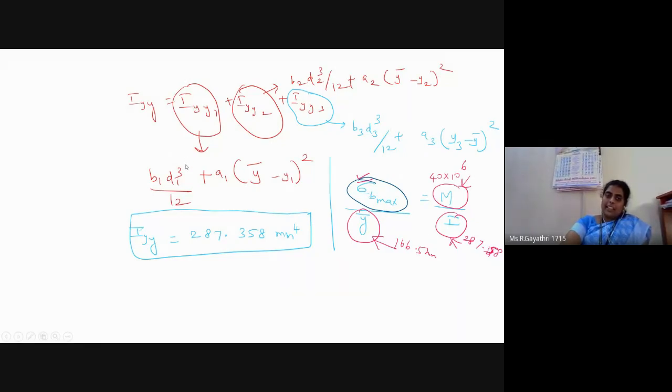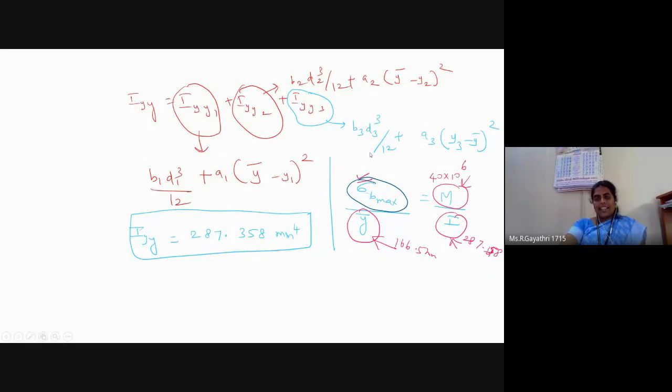B D cube by 12 plus A of y bar minus y the whole square. Here centroid of the section not passing through centroid of the entire section. So first section means B1 D1, A1, Y1. Y bar value is common to all these rectangles. Next IYY2: B2 D2 cube by 12 plus A2 of Y bar minus Y2 the whole square.